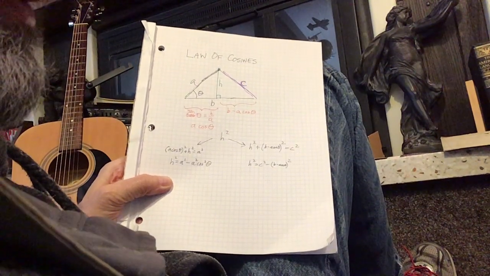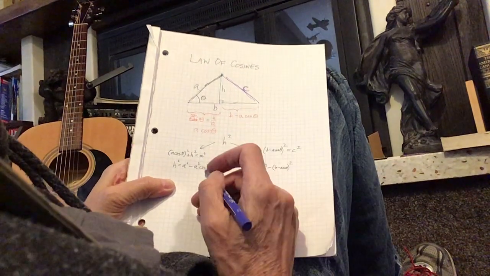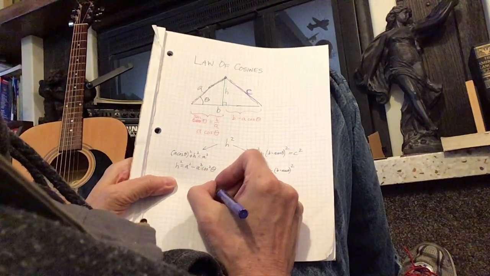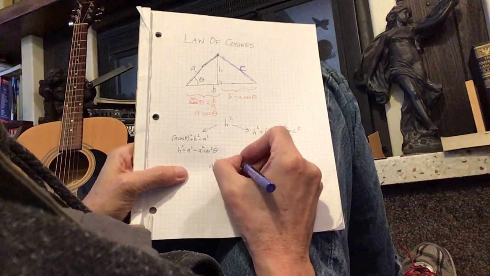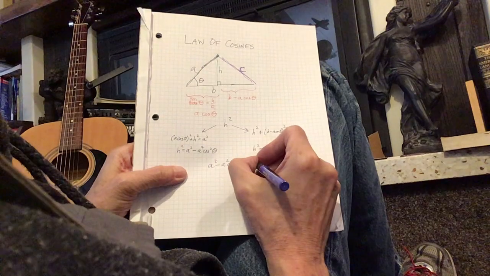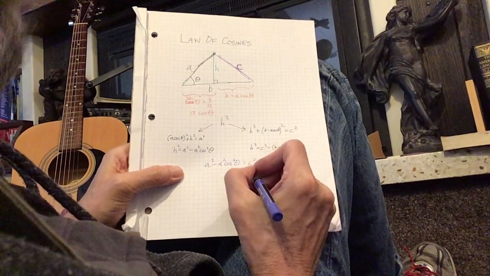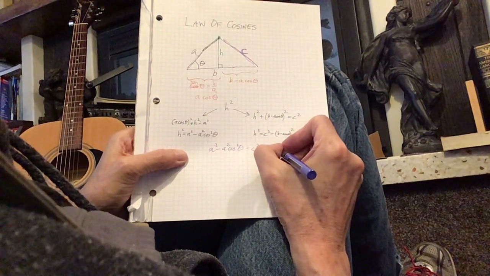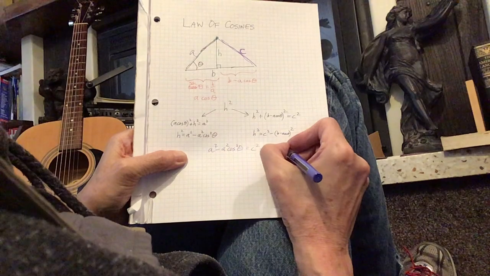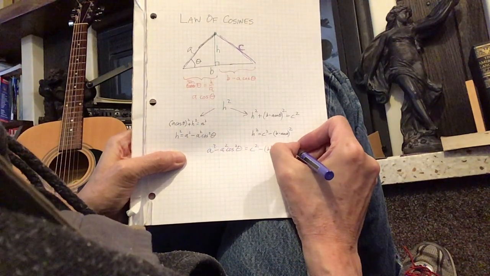So what we have here, a squared minus a squared cosine squared theta is equal to c squared minus, and now I'm going to multiply out that square, b squared minus 2ab cosine theta plus a squared cosine squared theta.